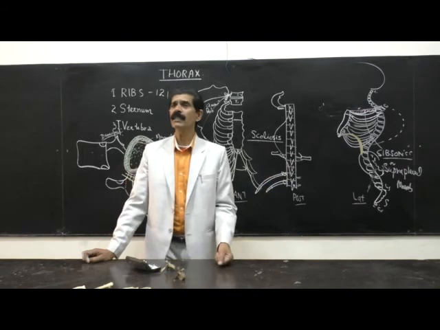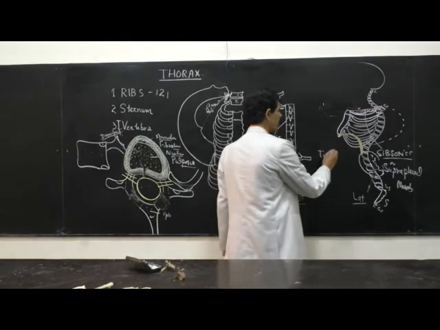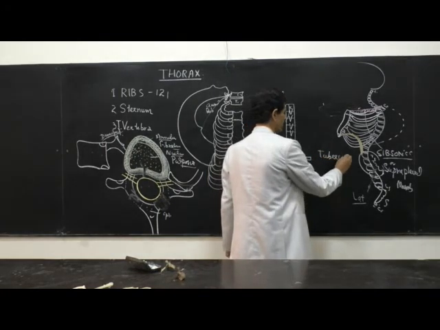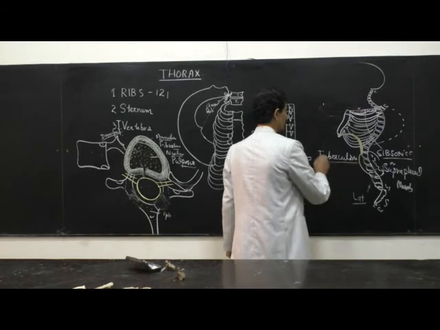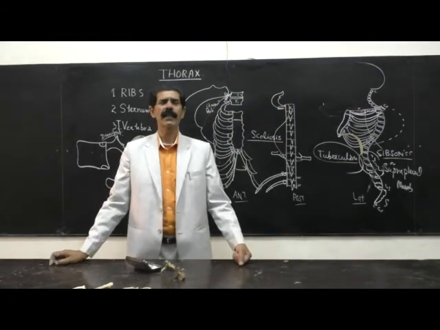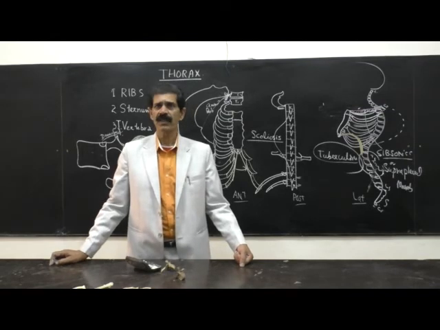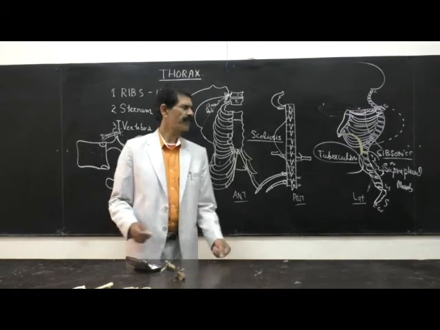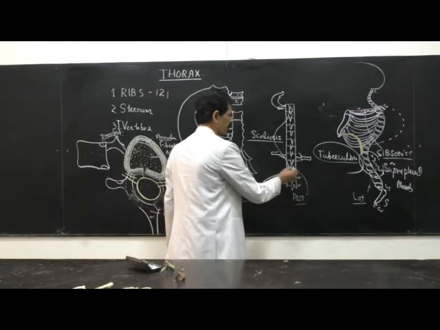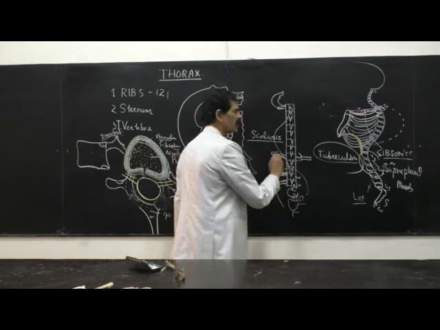The most common disease of the spine in India is tuberculosis. So tuberculosis is very, very common in the lower thoracic and the upper lumbar vertebra. So whenever a case of bone TB comes, when we take the X-ray, first we will look in the upper lumbar and the lower thoracic vertebra.